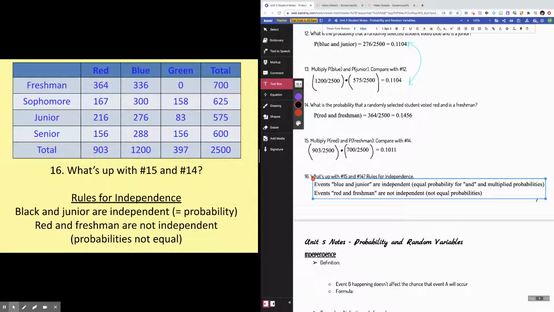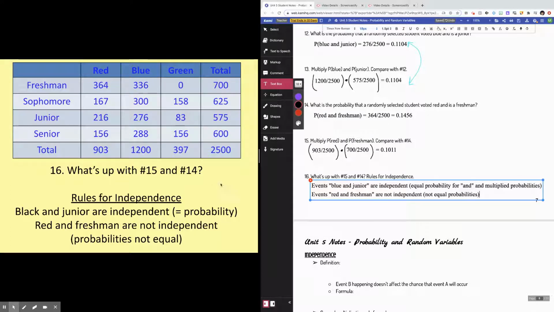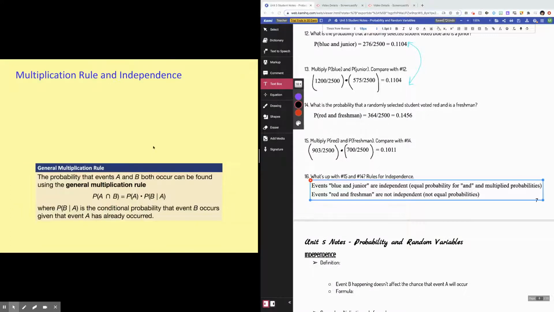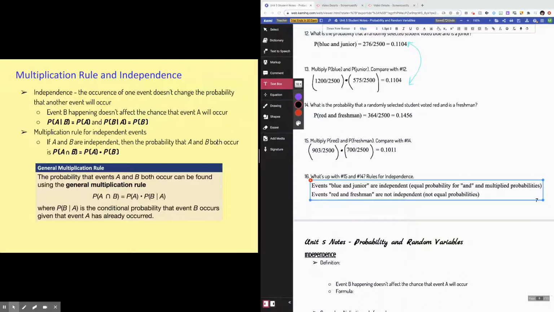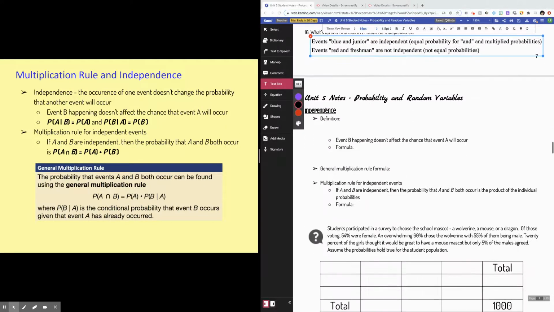Okay, so this goes into, well, what is independence? What do you mean by that? And why are we doing all this multiplication? The last little part of this video is I'm going to talk to you about the multiplication rule and this idea of independence.